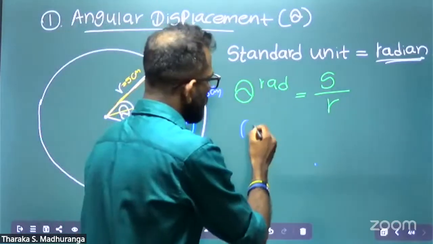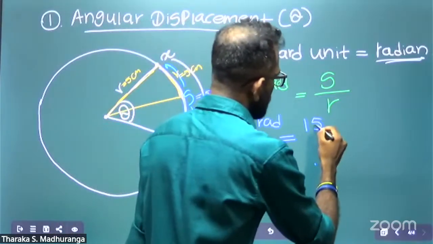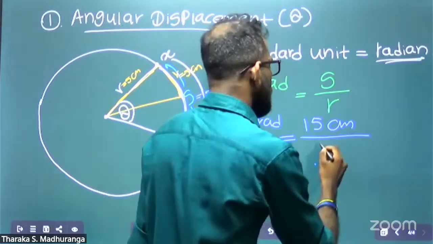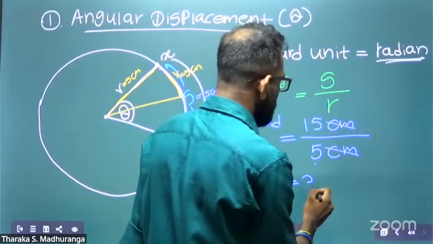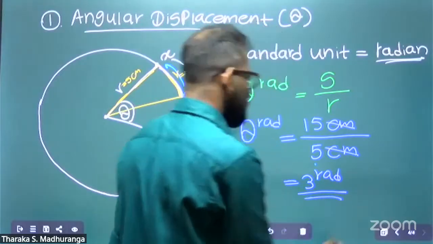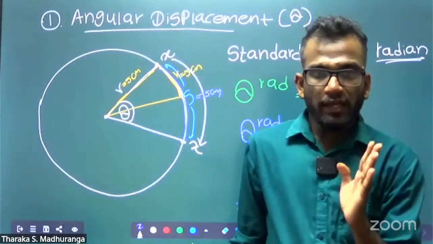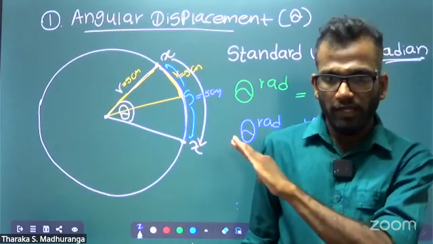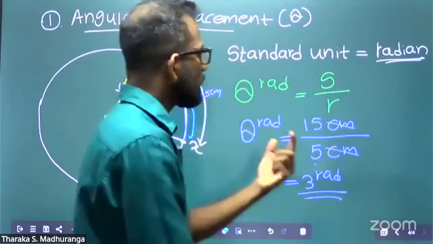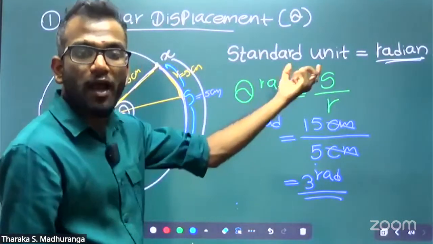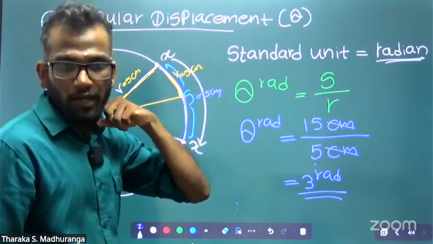We can get theta in radian: arc length 15 centimeter divided by radius 5 centimeter. Centimeter and centimeter cancel out. It is 3 rad. The 1 radian means the angle given by an arc length equal to the radius. Then theta in radian we can calculate by dividing arc length by radius.